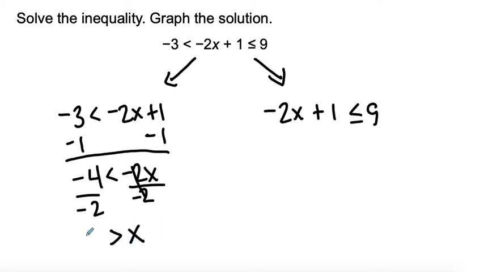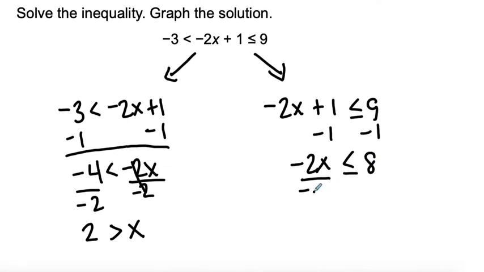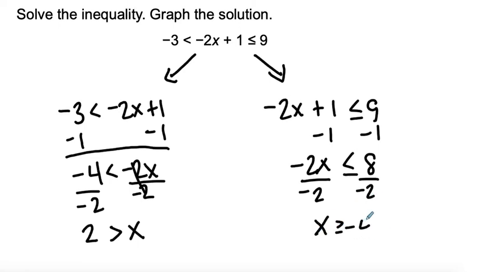So we get x here and 2 here. And then I'm going to leave that alone for right now. Over here, we're going to subtract 1 from both sides. So we get negative 2x is less than or equal to 8. Divide both sides by negative 2. So we get x is greater than or equal to negative 4.